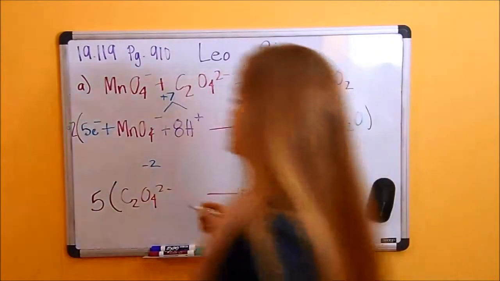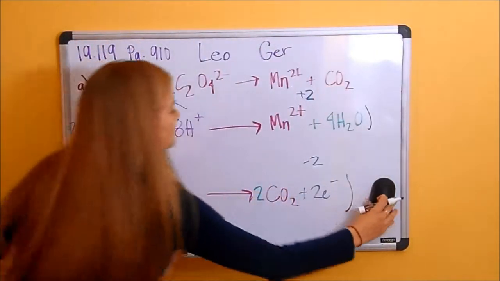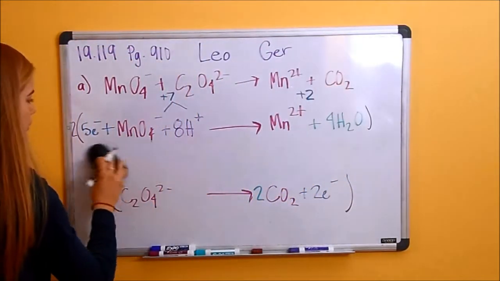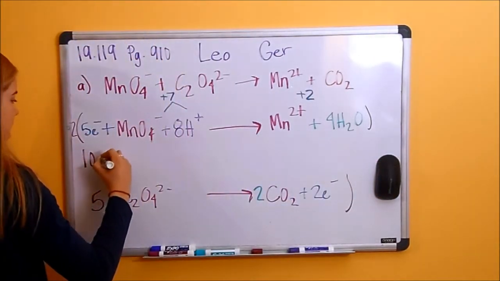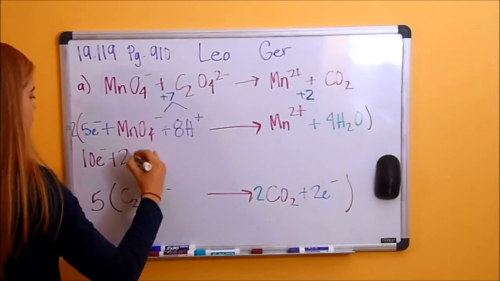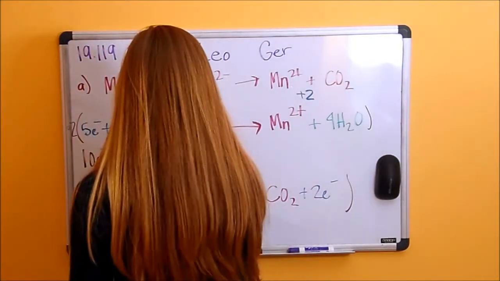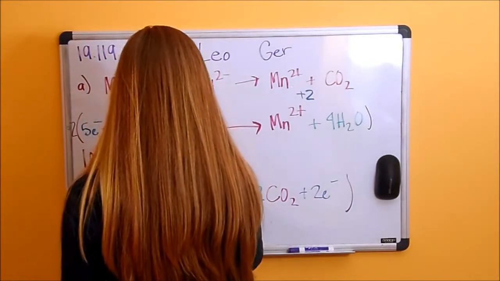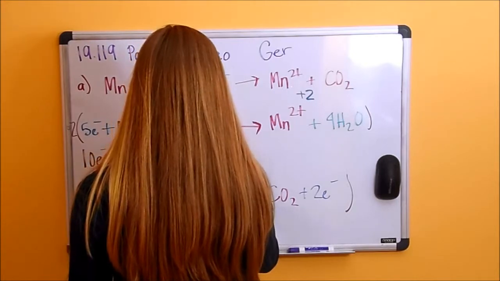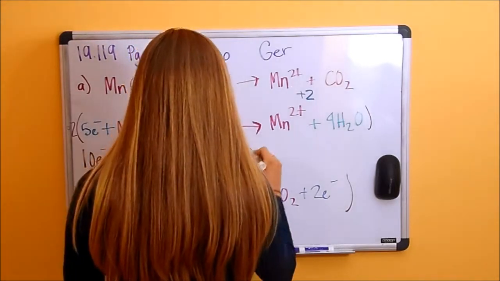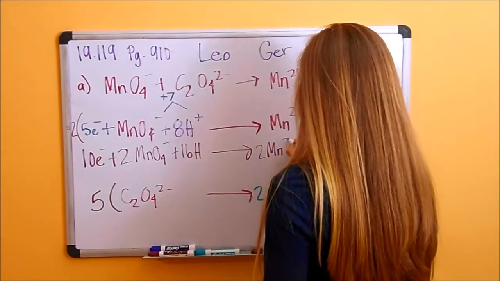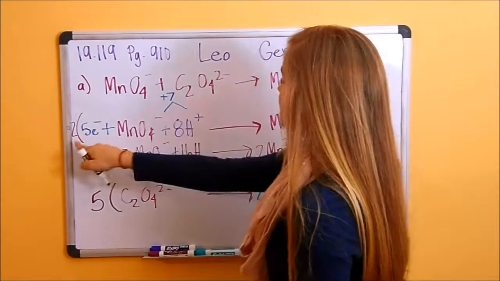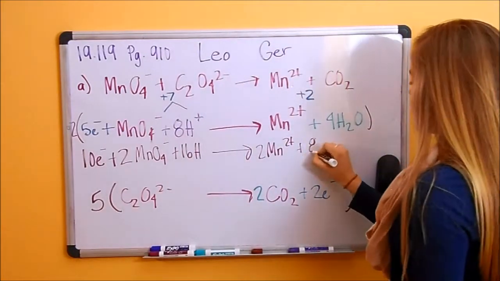So now once you go through and multiply that out, I'm going to take out these electron charges so I have more room. We have 10e minus plus 2 MnO4 minus plus 16H yields, now we still have to carry over this 2 Mn2 plus, 2 times 4, 8 H2O.